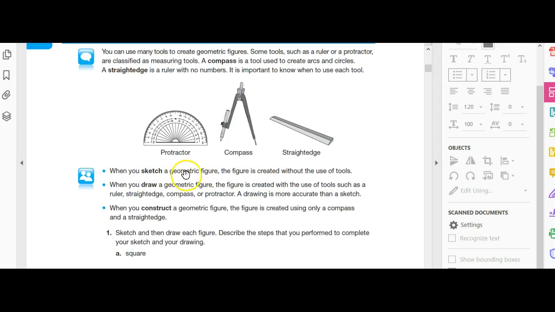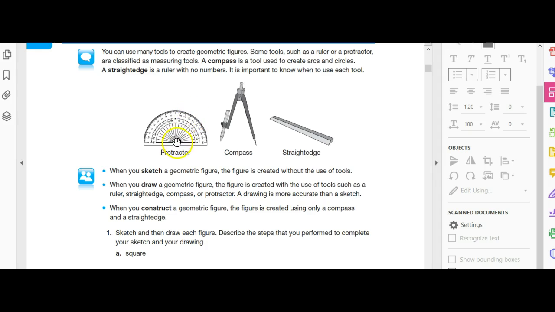Okay, when you sketch a figure, that's when you just draw it the best that you can. You don't use any tools at all. When you draw a figure, then you're allowed to use the measuring tools, okay? Drawing is more accurate than a sketch, and you're going to use tools like, okay, I'm going to make sure this side is 6 inches long, so I get my ruler out, right? And I measure the length here using the ruler.